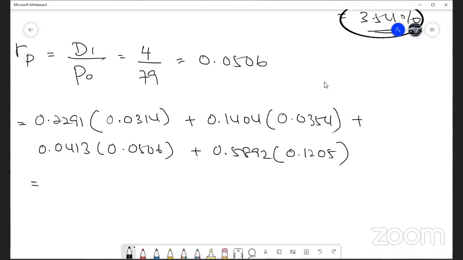This will give you your weighted average cost of capital, 0.0852, or 8.52% for the whole thing.